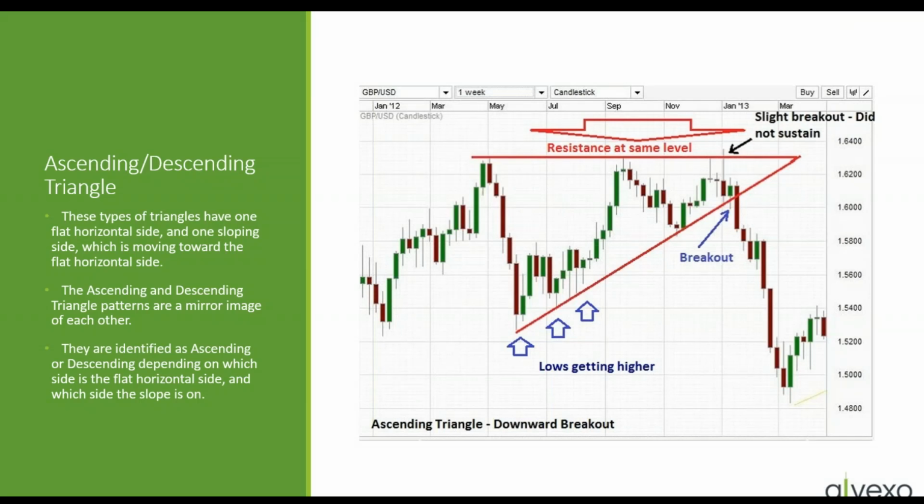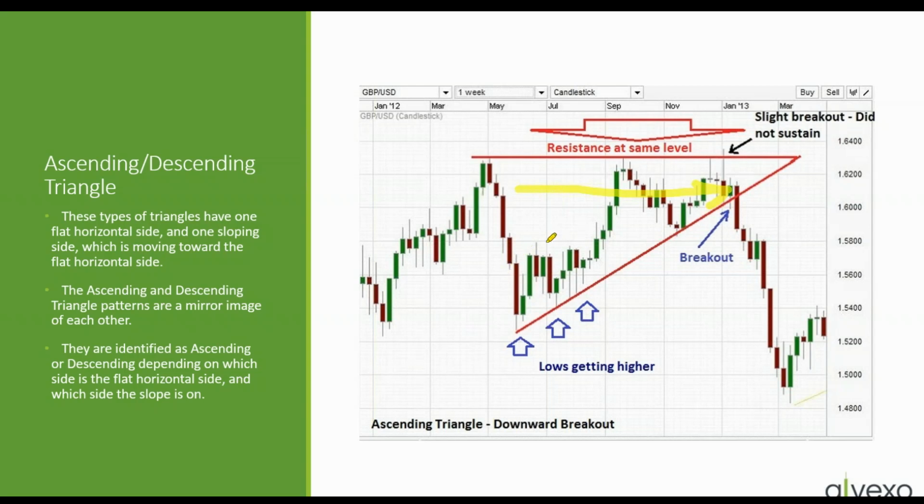Now, once you've got a triangle forming on your charts, we need to wait for price to break out of that triangle. The farther and farther it gets pushed into this apex, the more likely we're going to get a breakout.